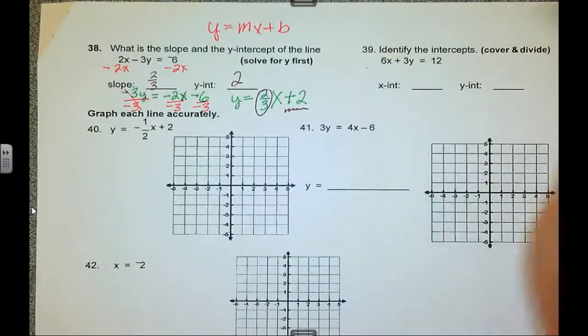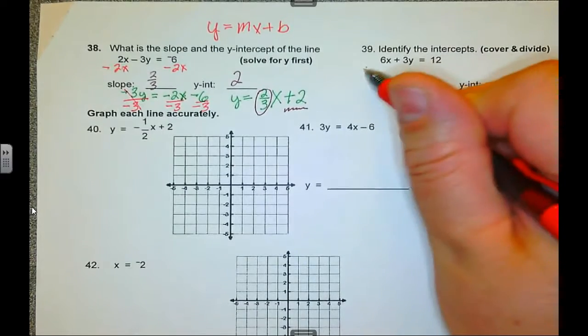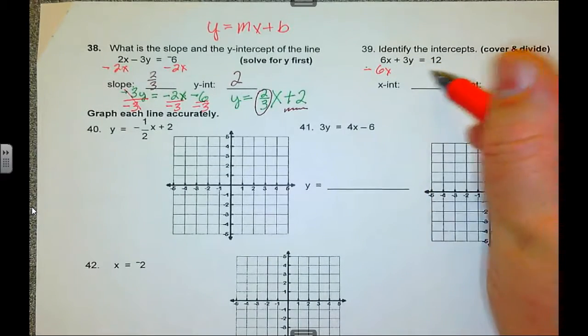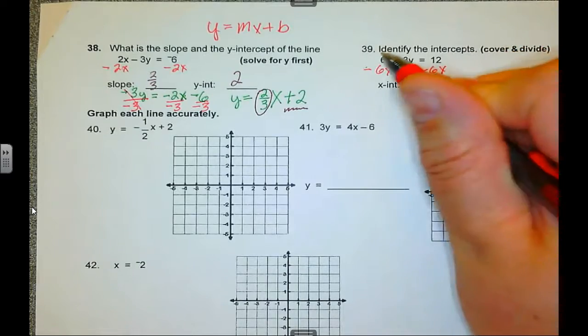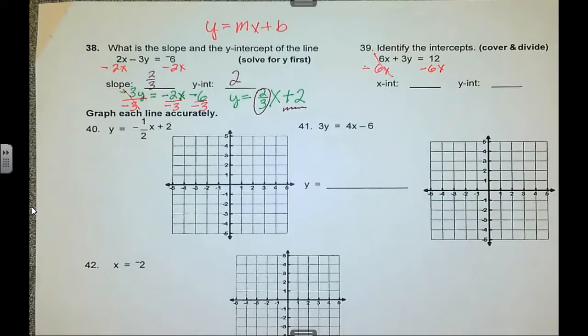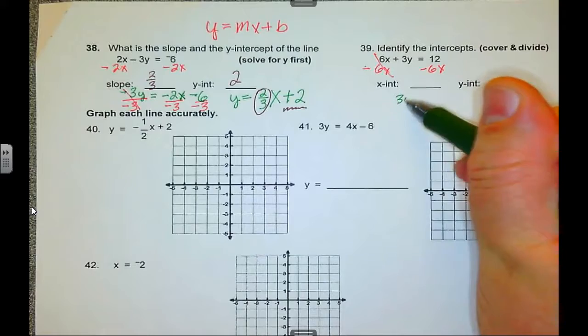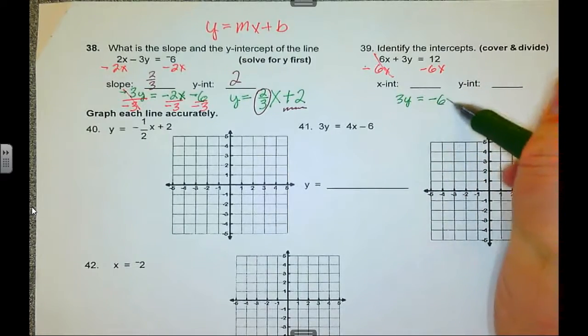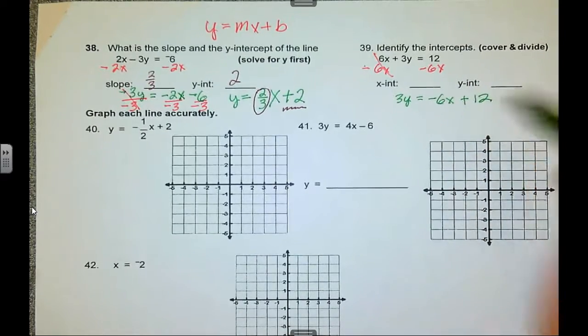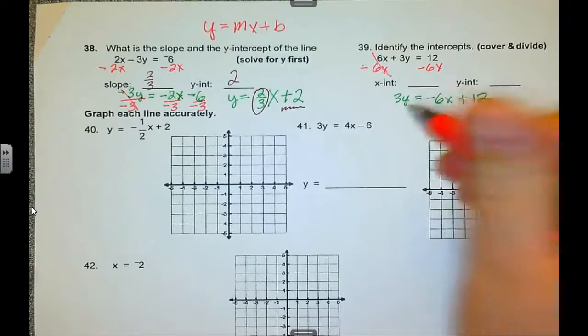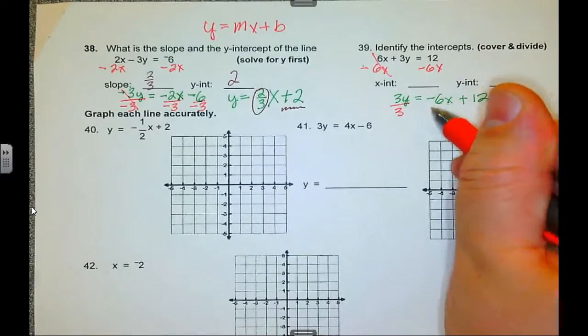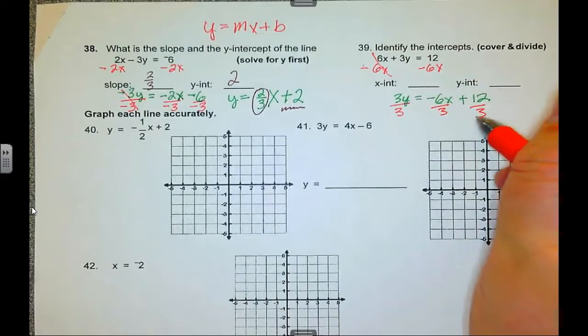So let's subtract 6x. So I get 3y equals negative 6x plus 12. And then divide by 3, divide by 3, divide by 3.